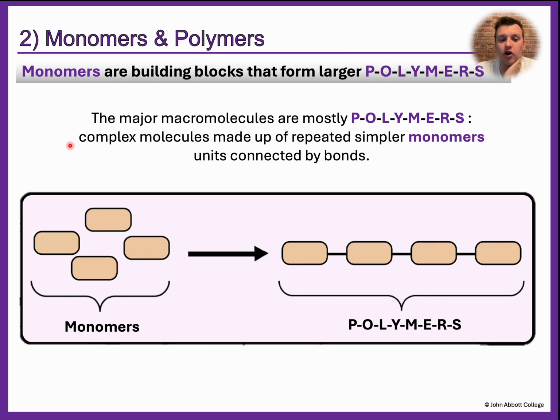They're complex molecules made up of repeated simpler monomers, connected by bonds. Do you see these monomers, these little bits here? They can link together to form this big polymer. Mono means one, and poly means many. So monomers bond together to form big polymers.